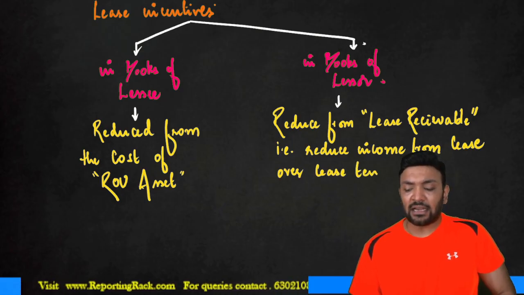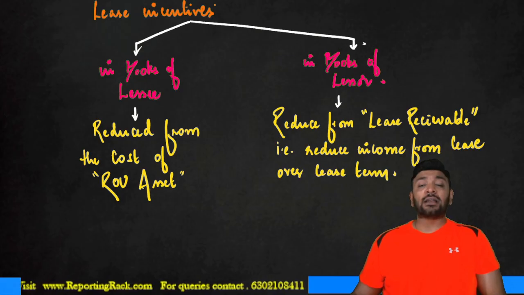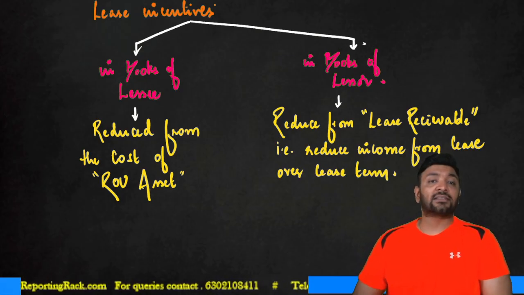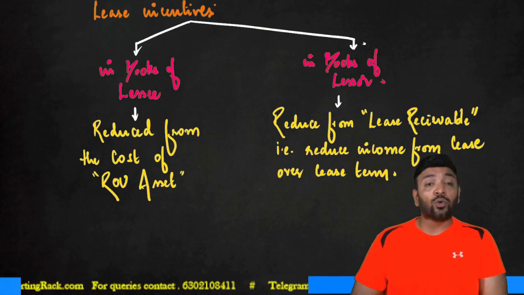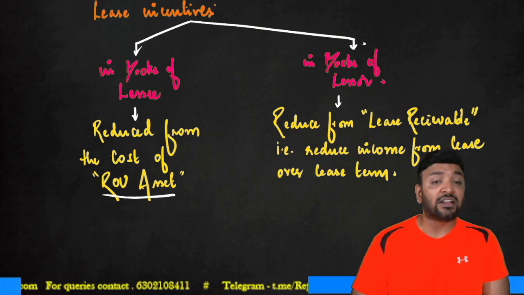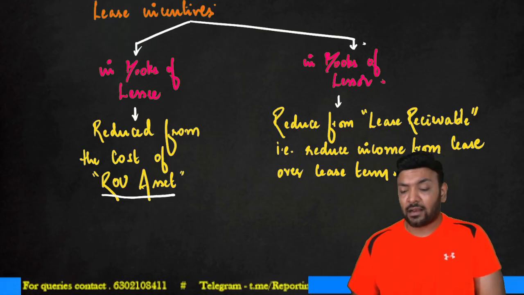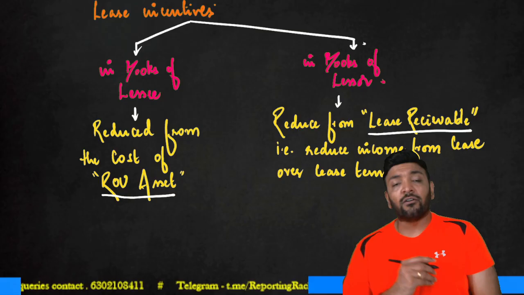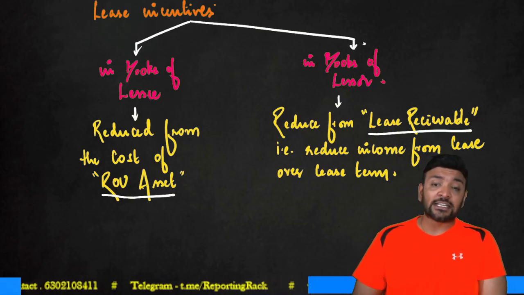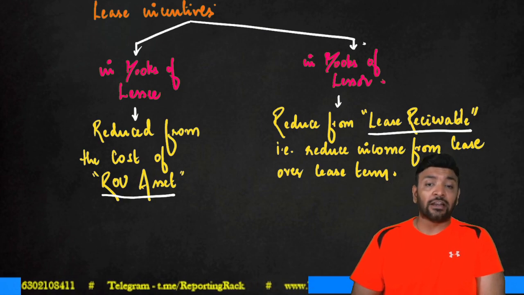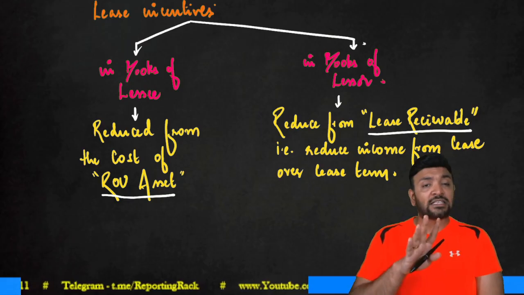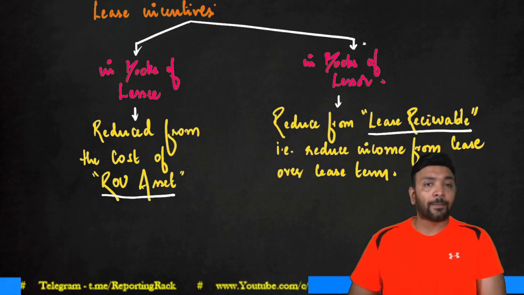Whatever lease income that he was supposed to receive over the lease term will be reduced by this amount of lease incentives. So this is the peculiar accounting treatment: in the books of lessee by reducing it from ROU asset, and in the books of lessor from the value of lease receivable. We will talk about this determination of lease receivable and reduction of income over lease term along with the reduction from ROU asset in the books of lessee. We'll come back to this concept.